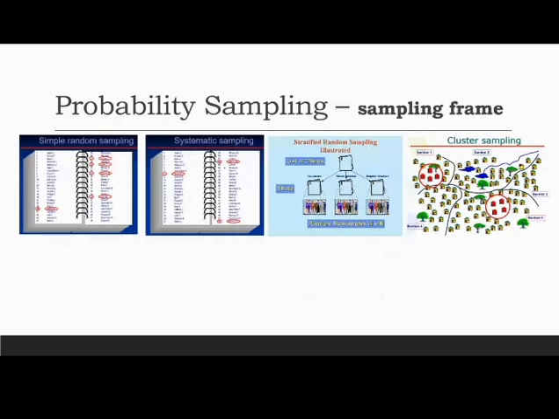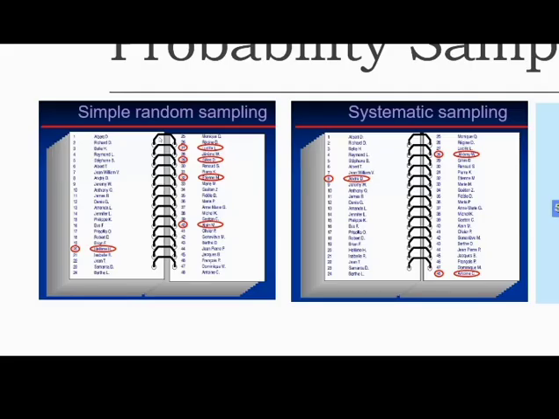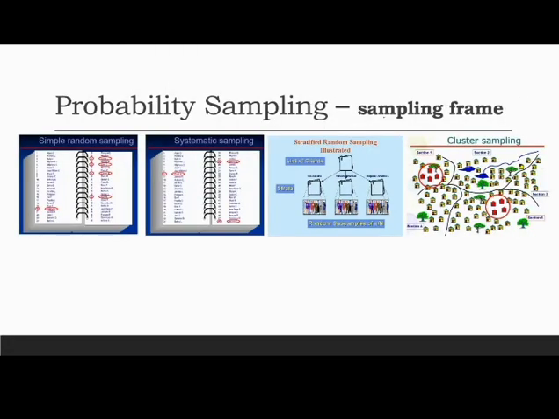So, simple random sampling, if you can take a look. Let me see if I can still zoom out. Before we proceed, one essential component that should not be absent when you do probability sampling is what we call the sampling frame.